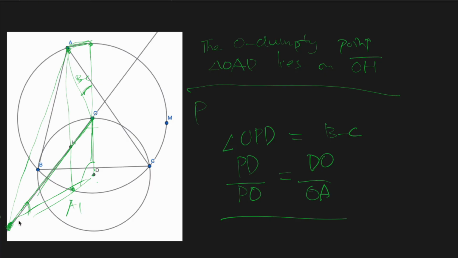Let's call this A1. It looks like P, A1, D are collinear, and they indeed are, but we're not gonna need them in the solution.